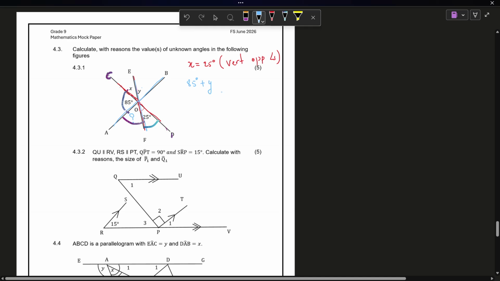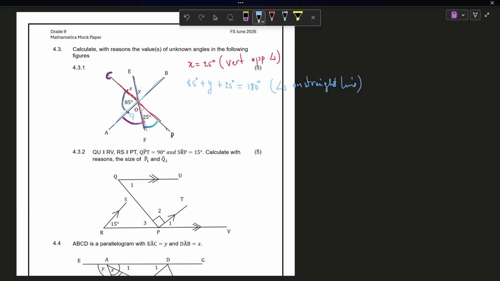We can say it's y plus 25 degrees equals 180 degrees. So the reason we say is angles on a straight line. So all these angles sum up to make the straight line.